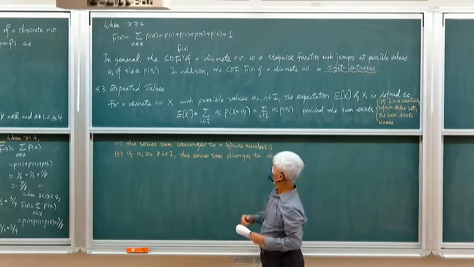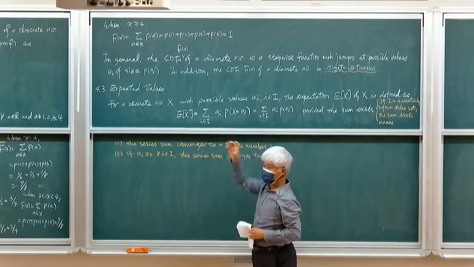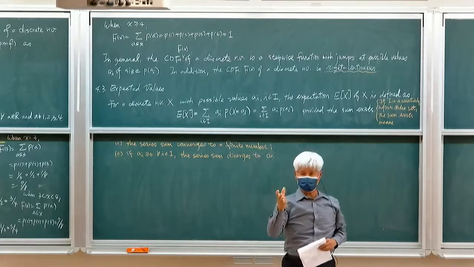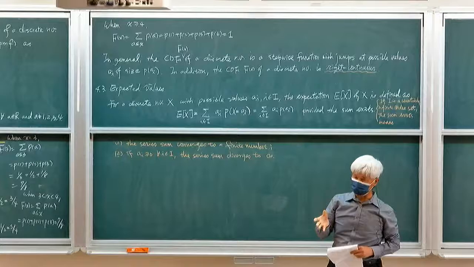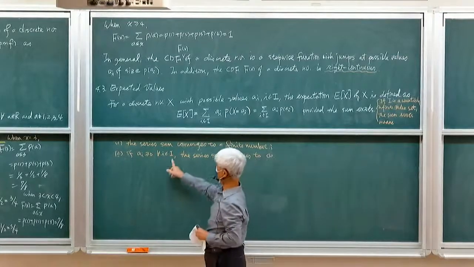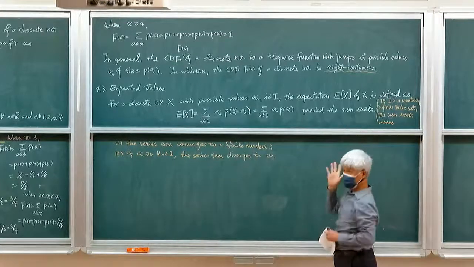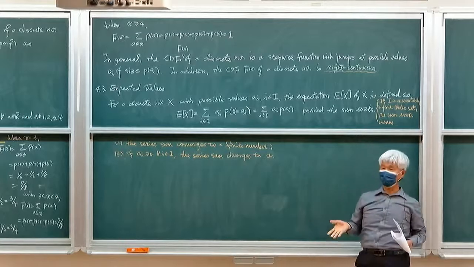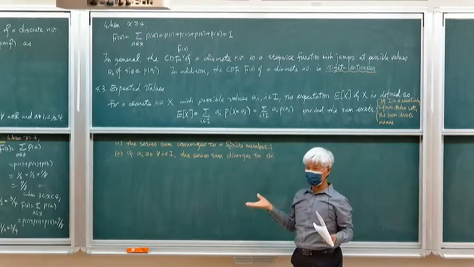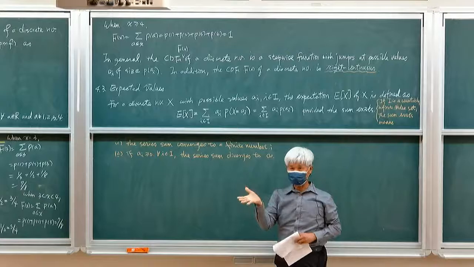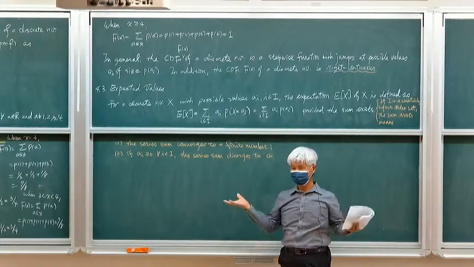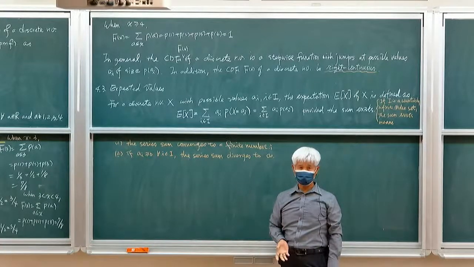If all the possible values are non-negative, then the sum always exists, because it either diverges to infinity or converges to a non-negative number.